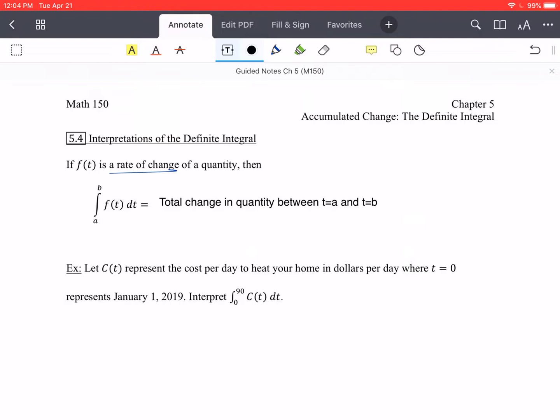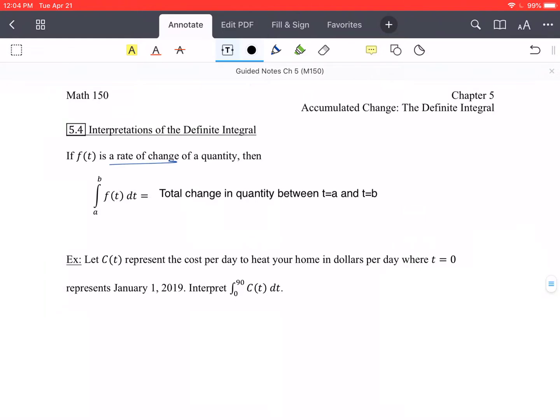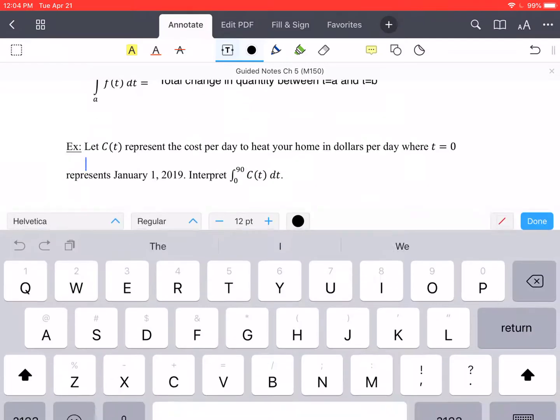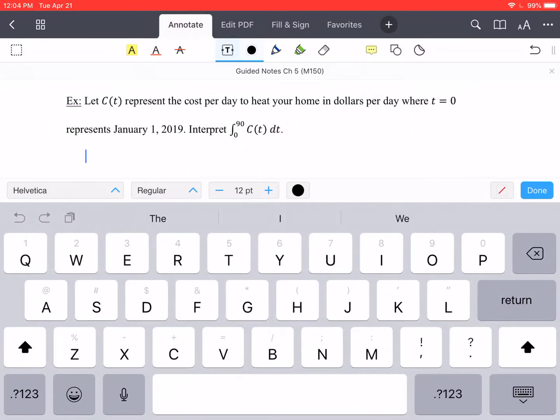So first up, let C of t represent the cost per day to heat your home in dollars per day, where t equals 0 represents January 1st, 2019. Interpret the integral from 0 to 90 of C of t dt. Let's look at the function C of t.